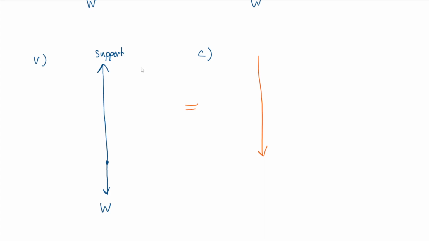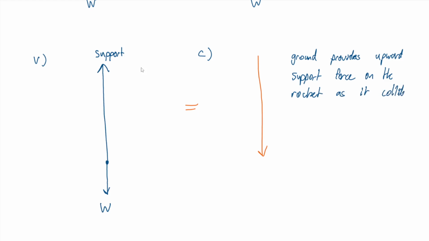So let's say ground provides upward support force on the rocket as it collides with the ground.